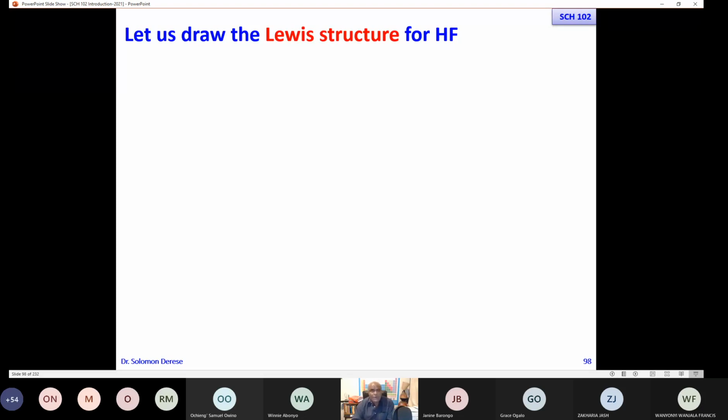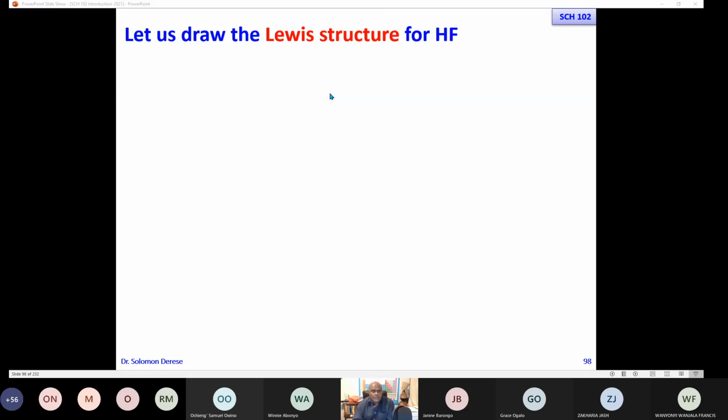The octet rule must be followed. Then if the element involved in chemical bonding is hydrogen, we must make sure the duet rule is followed. These are the rules we should follow when writing the Lewis structure of organic molecules.